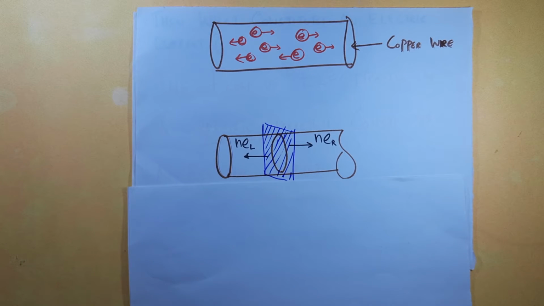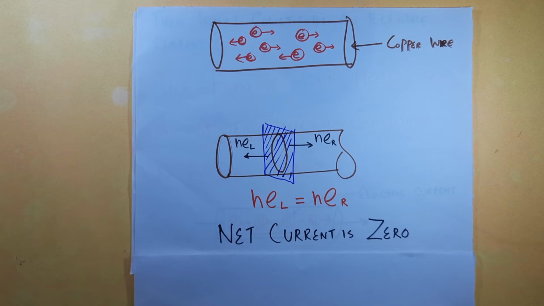If you take a cross section, the number of electrons crossing the left side, N_L, is equal to the number of electrons crossing the right side. So we say the net current through the conductor is 0.